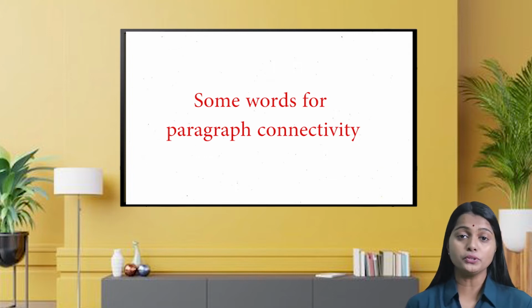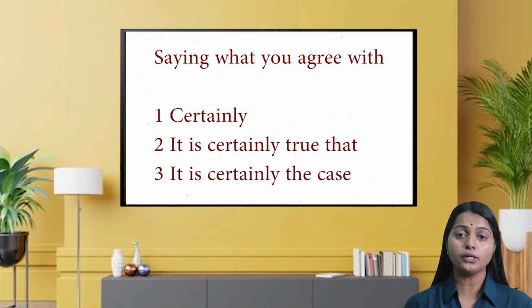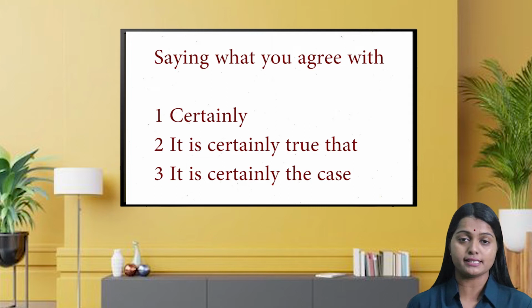The language we use for writing an essay is always formal, rather than the informal conversation we use. So the formal lines: when you are agreeing with a statement, you can say the words certainly, certainly that, certainly true that, and it is certainly the case. These are the phrases you can use in the beginning of those essay lines.